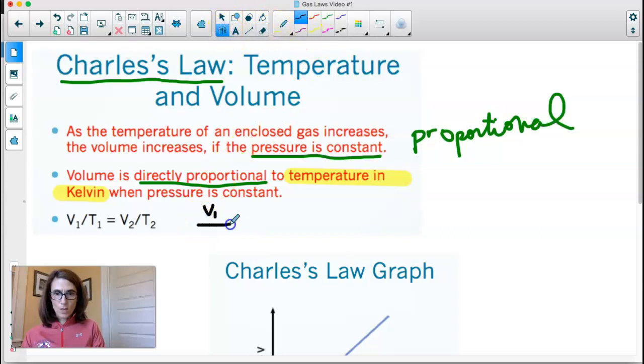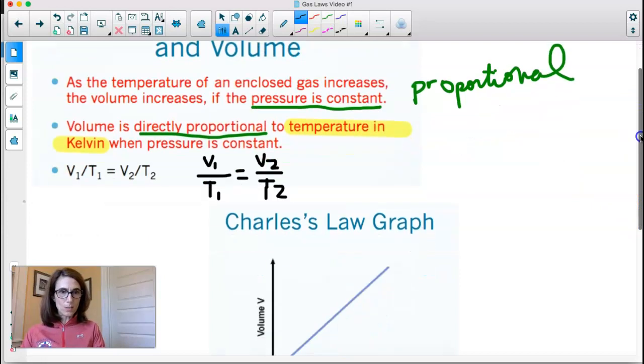V1 over T1 equals V2 over T2. And again, those T's have to be in Kelvin.